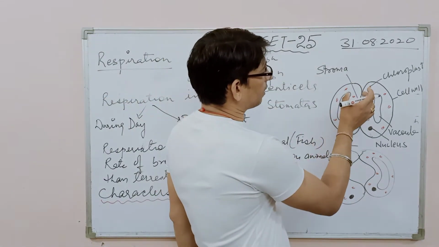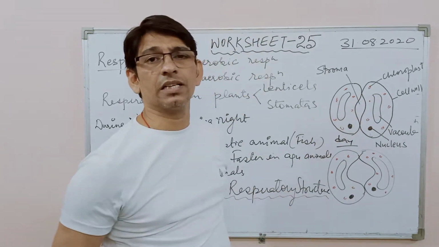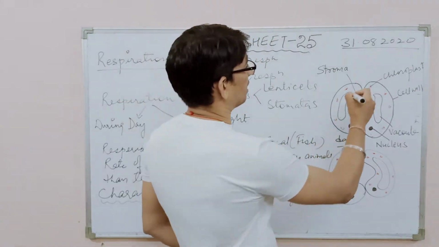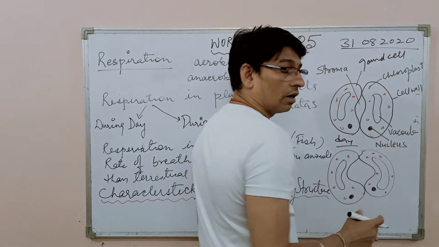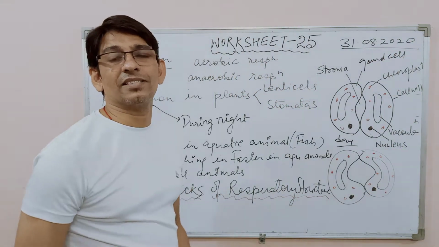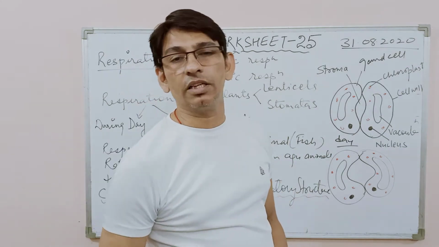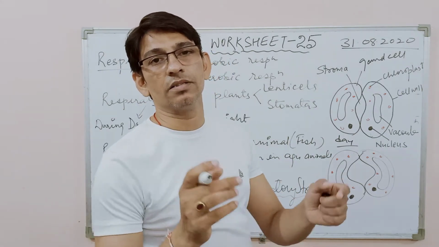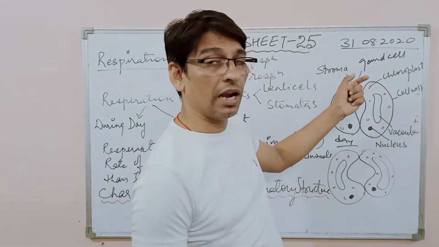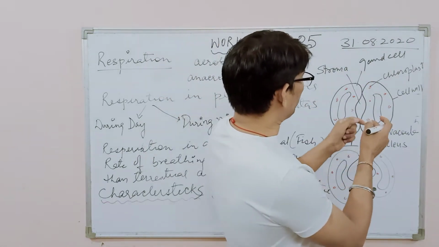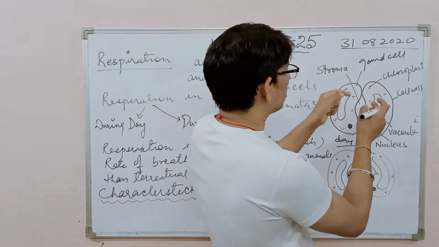Stomata contains two large cells called guard cells. These are guard cells. These are kidney-shaped cells. As you know, it is a cell, then it must contain all the cellular organelles. Means it contains a centrally located large vacuole, a nucleus, chloroplast.